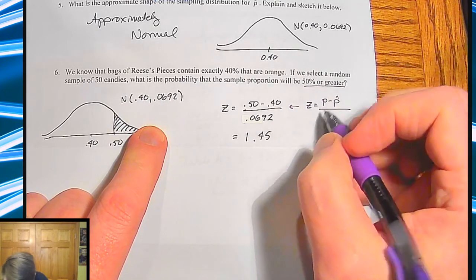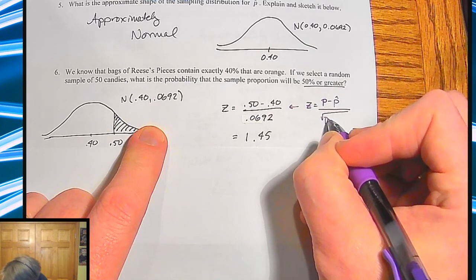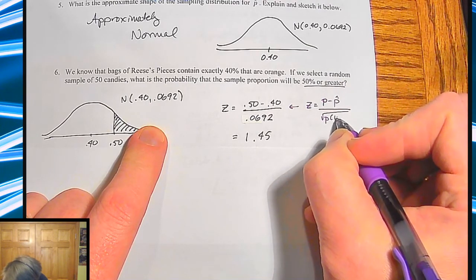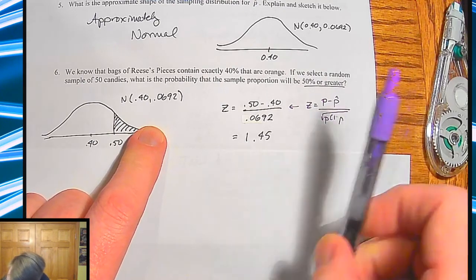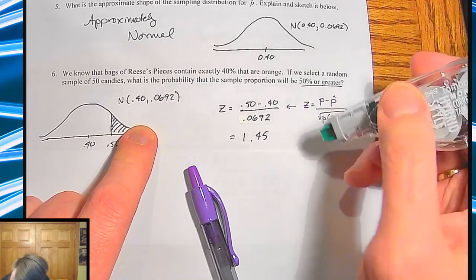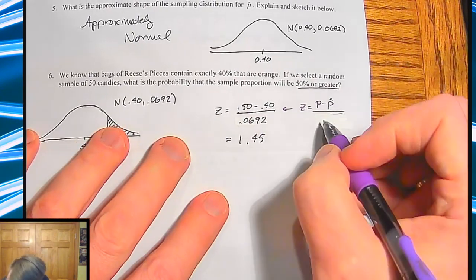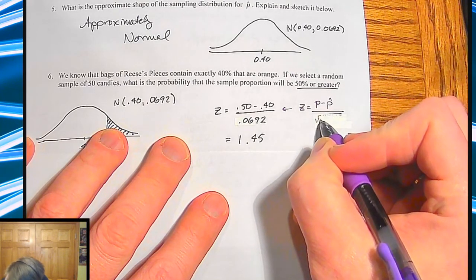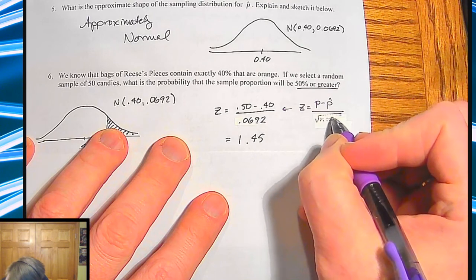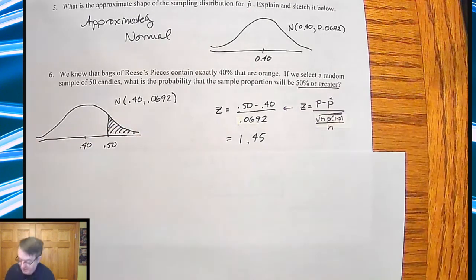Now to get that, remember what we ended up doing was we took p times 1 minus p, oops, I forgot the n. No, I didn't. Oh, check this out. This is spiffy. So what we ended up doing was this, right? This was our original standard deviation divided by n, right?